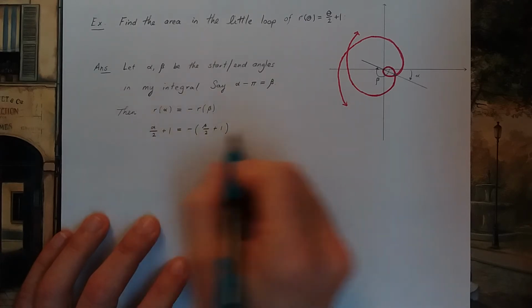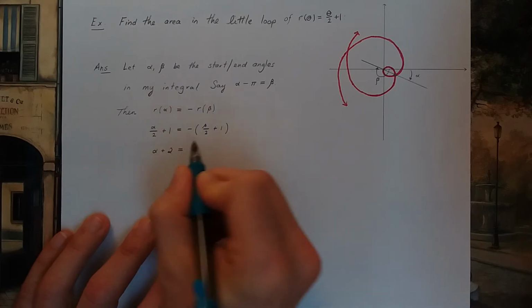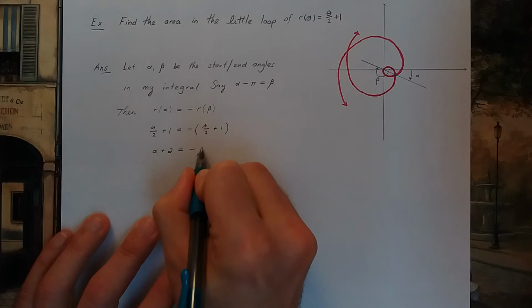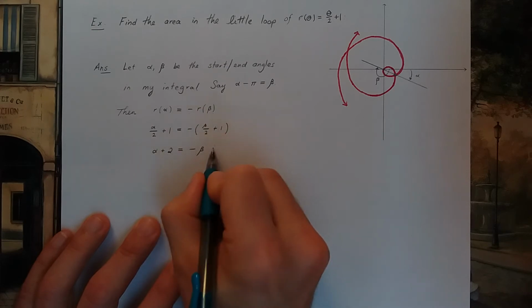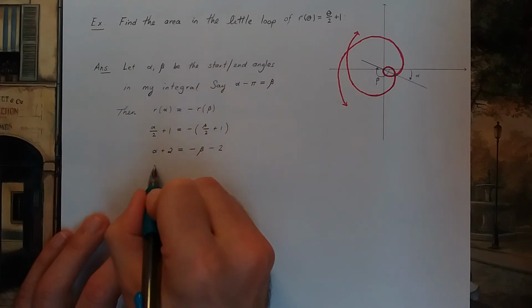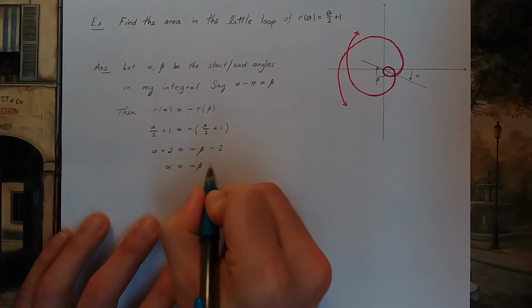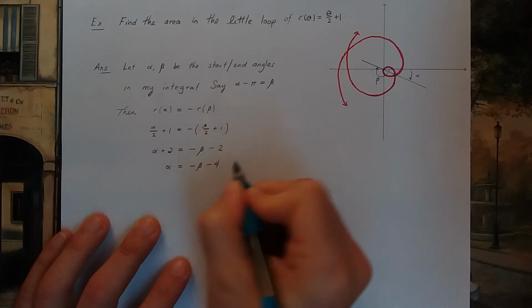I don't like fractions, so let's multiply everything by 2. So I get alpha plus 2 should equal negative beta minus 2. So I guess alpha is negative beta minus 4.